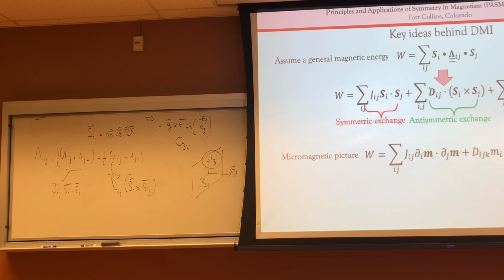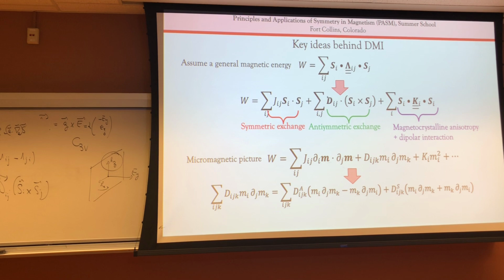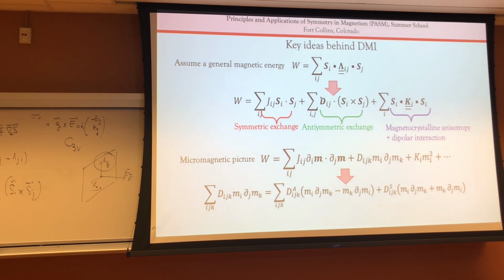The reason I want to show that is because the spirit is very different, and depending on the picture you take, whether you take the atomistic picture or the continuous or the micromagnetic picture, you are not going to calculate Dzyaloshinskii-Moriya in the same way. And if you look at the literature, there are 4, 5 different ways to calculate the Dzyaloshinskii-Moriya interaction.